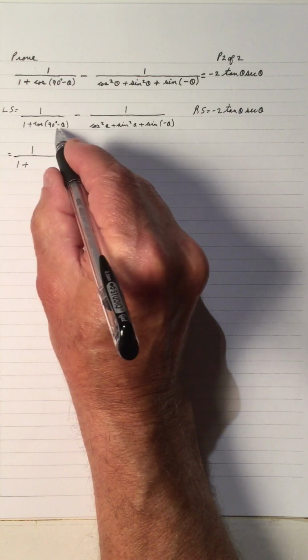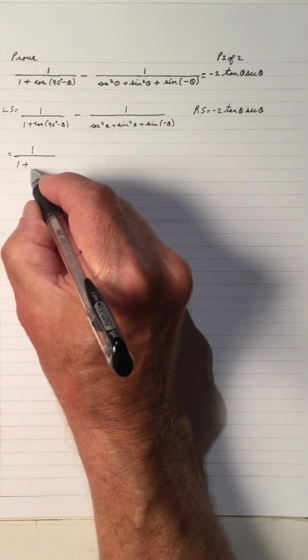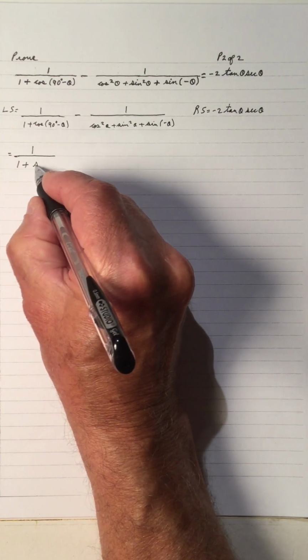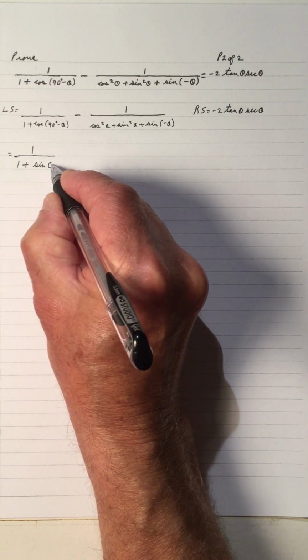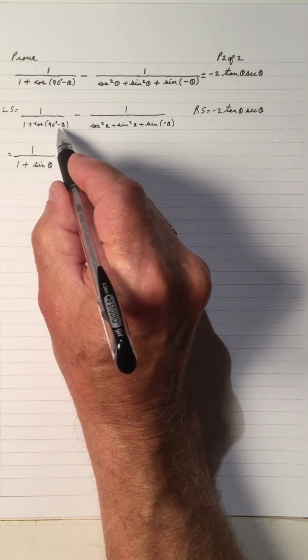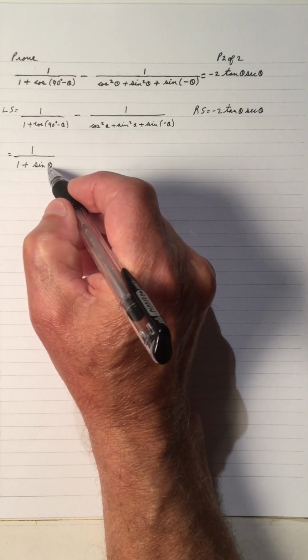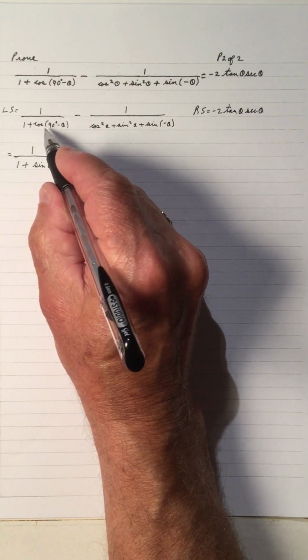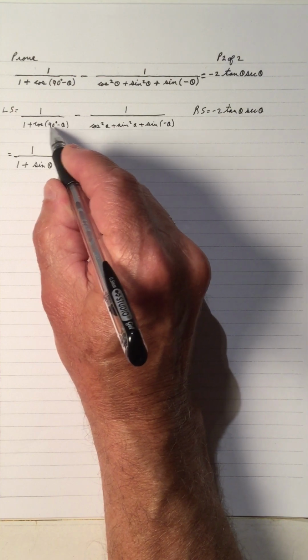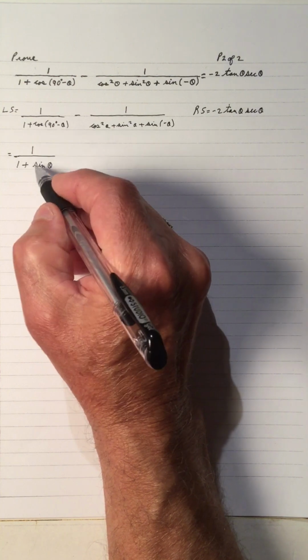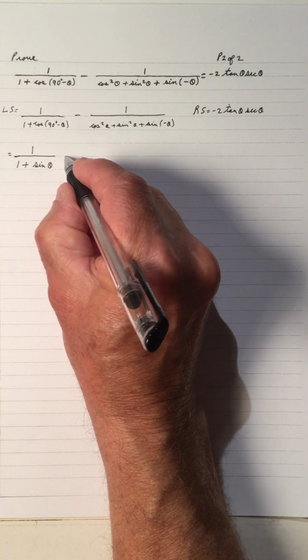So the cos of 90 minus theta is a cofunction, so cos changes to sine theta. Theta is in the first quadrant, so cos is positive, sine is positive. Again, when you do a cofunction in terms of 90, the trig function always changes.